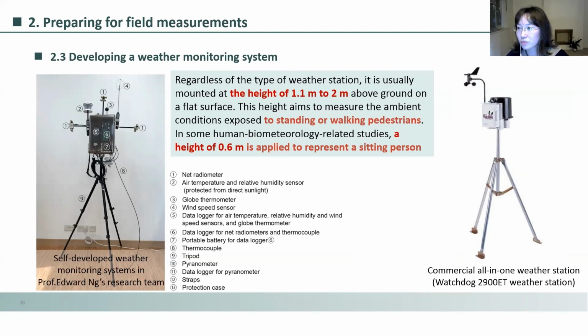And regardless of the type of the weather station, we usually mount the instrument at the height of 1.1 meters to 2 meters because we want to focus on the microclimate at the pedestrian level. And in some human biometeorology related study, a height of 0.6 meters is also applied to represent a sitting person.